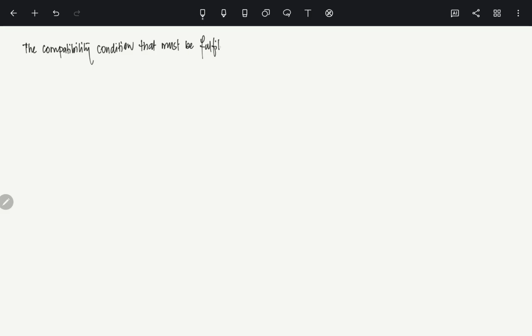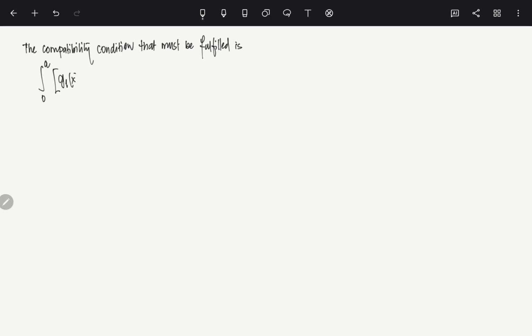You see why this compatibility condition is there. It's essentially due to the fact that if you use a change of variable, the integration by parts formula, you see that this compatibility condition is an essential tool, otherwise the whole thing won't work.